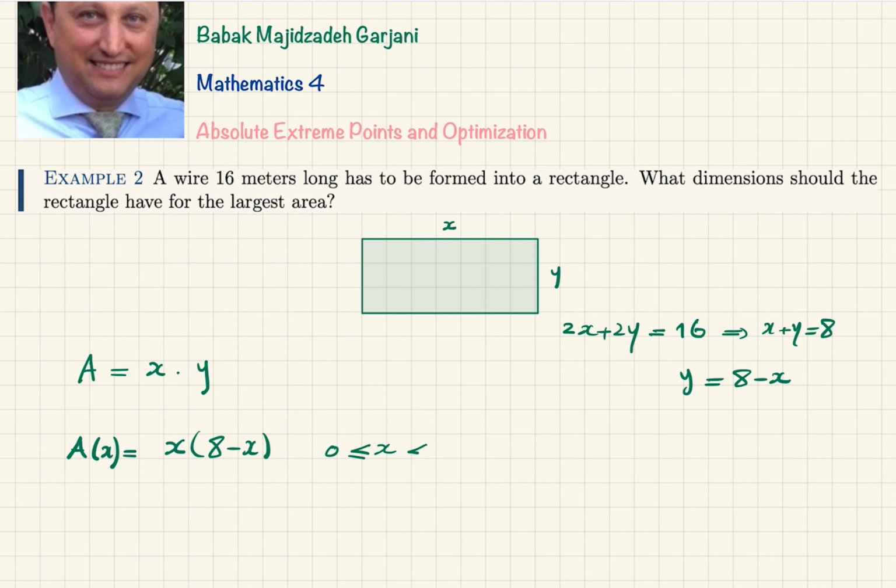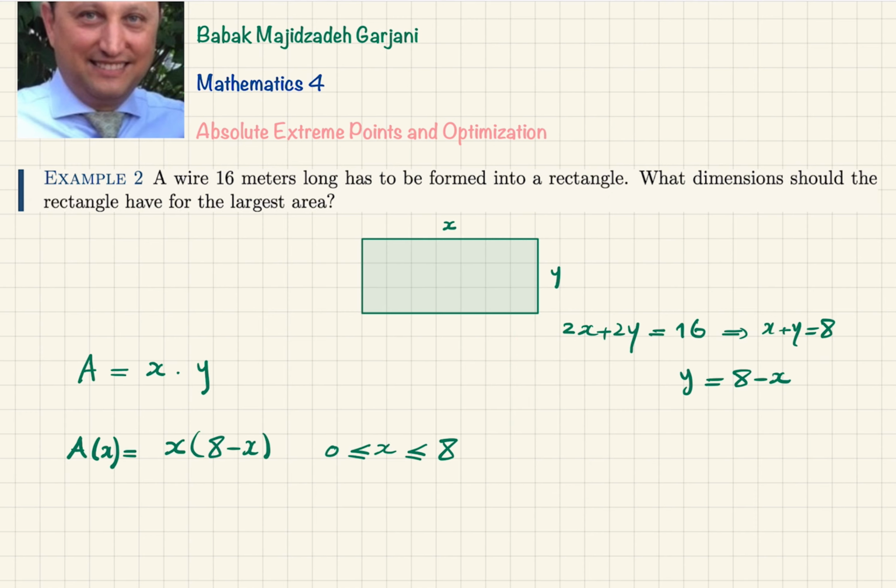between 0 and 8. Of course, if you don't like, you can just eliminate these equalities, because if x is equal to 0, then this is actually a degenerate rectangle. It seems that I am hanging the wire in this direction.